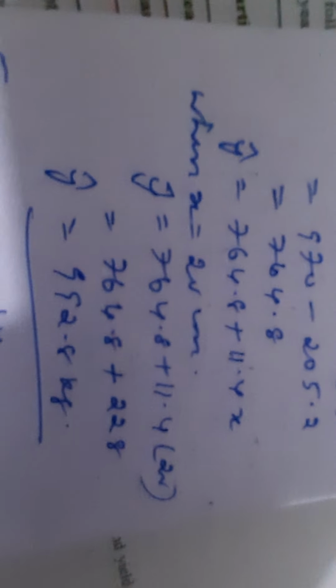A is equal to y bar minus b x bar. That is 970 minus 11.4 into 18, which is 764.8, and y cap is 764.8 plus 11.4x. So when x is given as 20 centimeters, y cap is equal to 764.8 plus 11.4 into 20, which is 992.8 per kilogram. That is y cap.